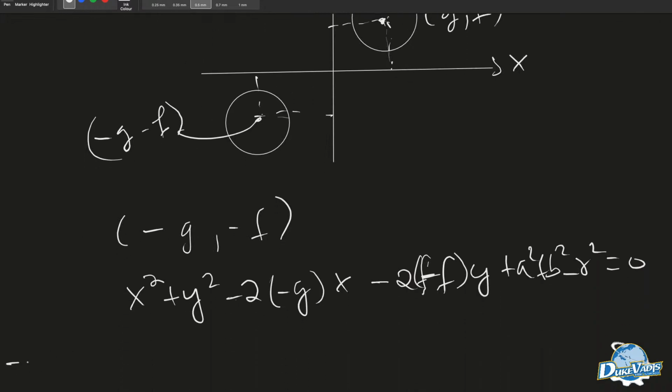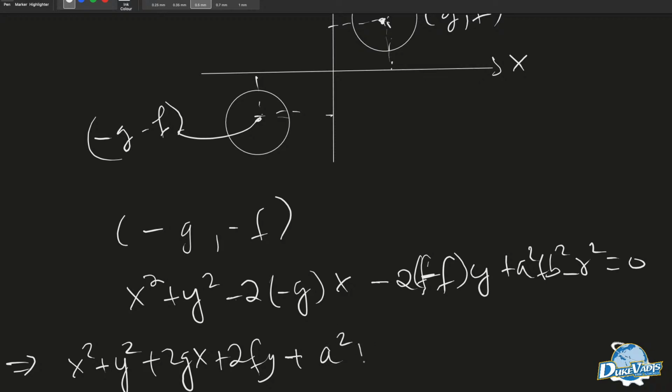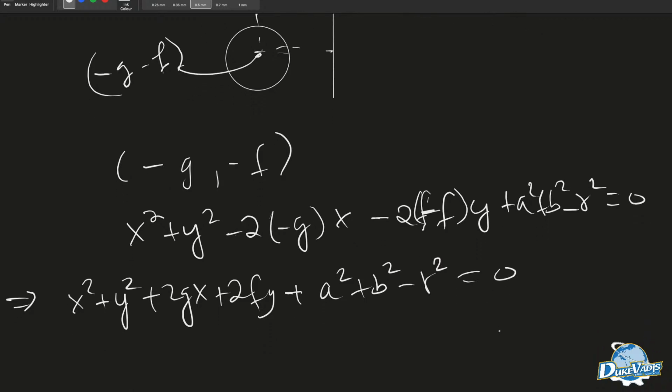Then we can write this equation also as x squared plus y squared plus 2g of x plus 2f of y plus a squared plus b squared minus r squared is equal to 0. So what we have done is, if we compare, we can say that 2f of x, yeah, let me clean this one.